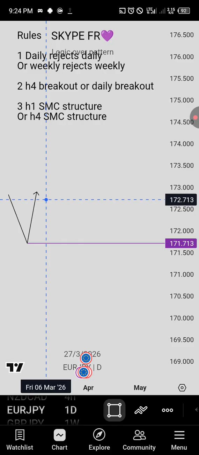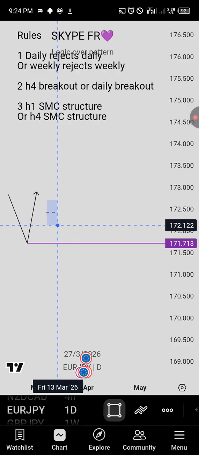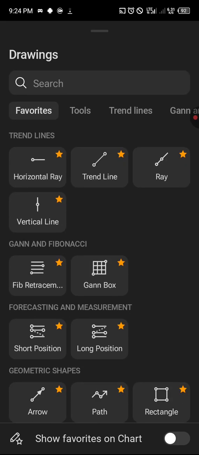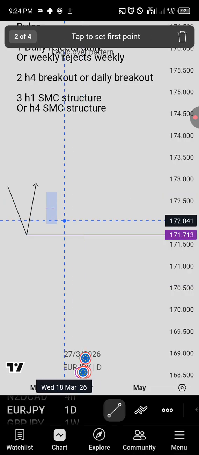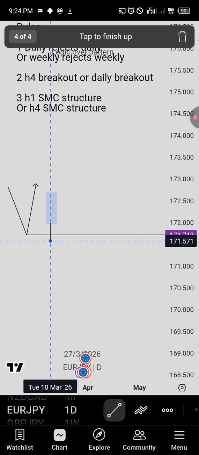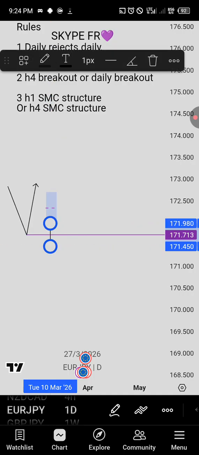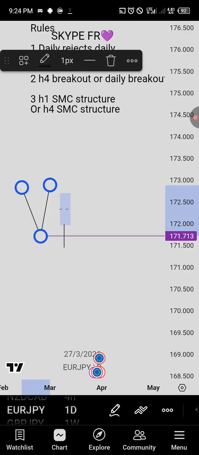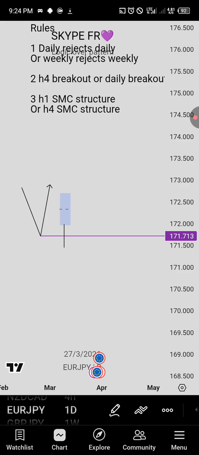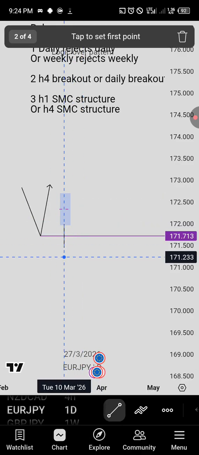Price gets to our key level, and then is rejected, leaving a wick behind. So this is our daily key level, and this is where price actually tapped and rejected.